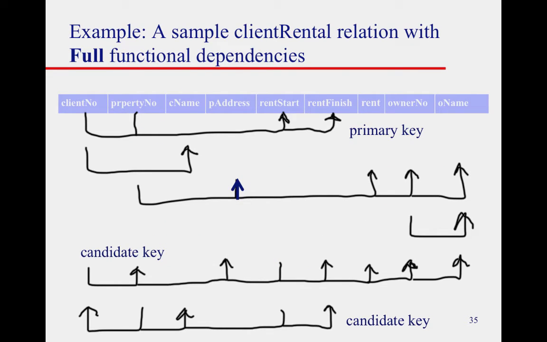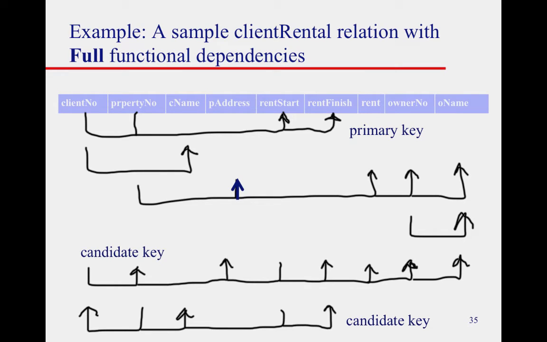Okay, so let's say that this is a lease. This looks like a lease form, right? It's got client number, property number, client name, property address, when the start date is, when the finish date is, what the rent is, what the owner number is, and what the owner name is. You might see all of this on a lease form.